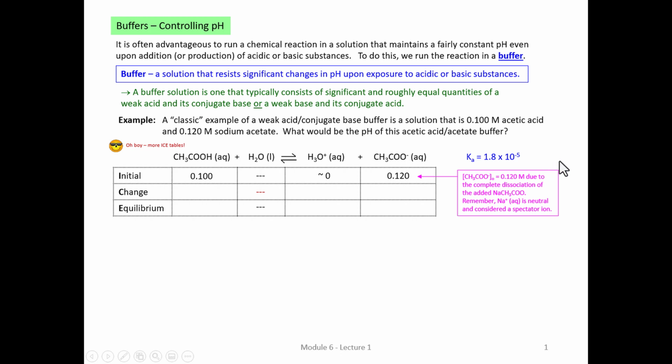So if we filled in the change row, we would see that the reaction would go to the right to reach equilibrium, and so the equilibrium row would look like this, and we could then do the usual math, set up an equilibrium constant expression with the expressions for the equilibrium concentrations written in the appropriate places.